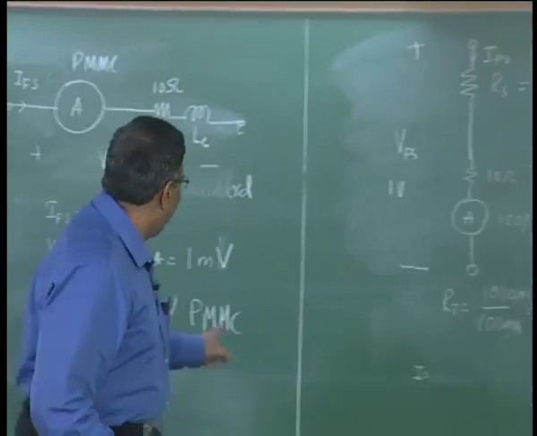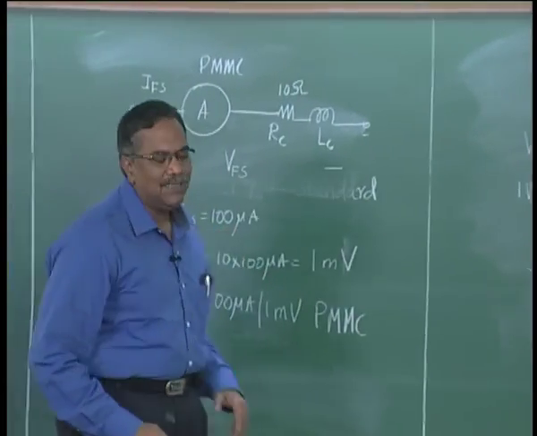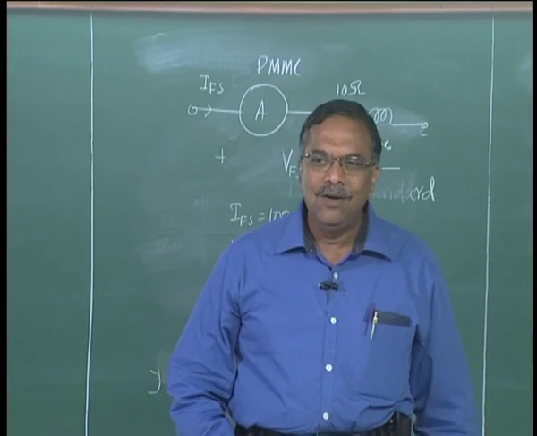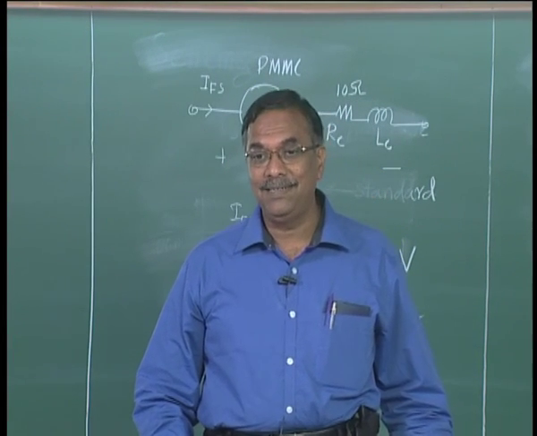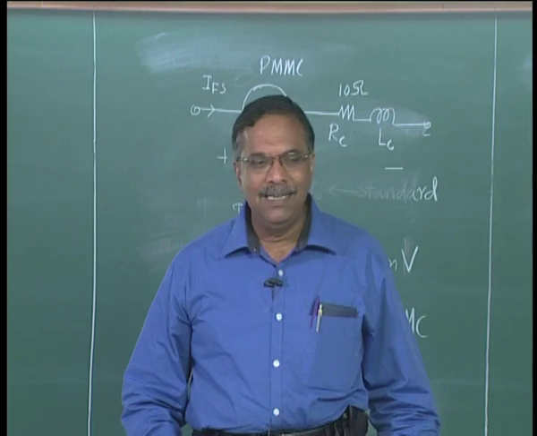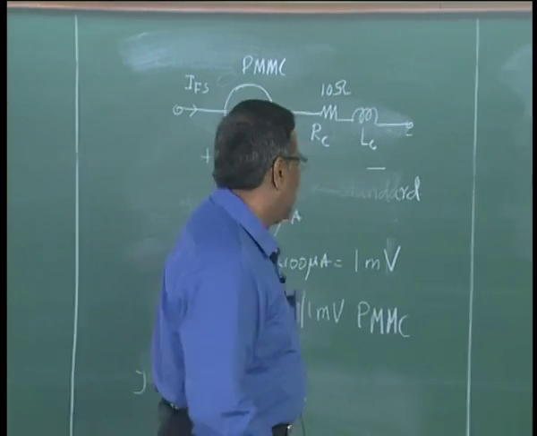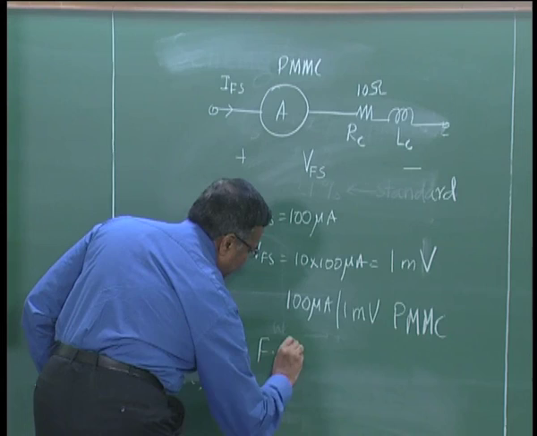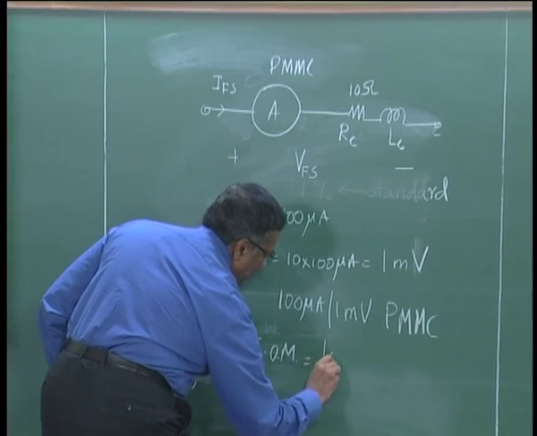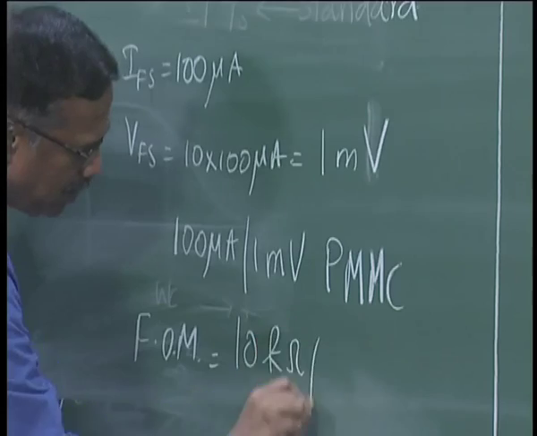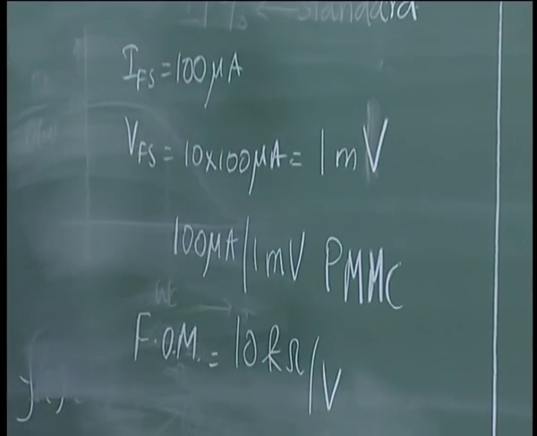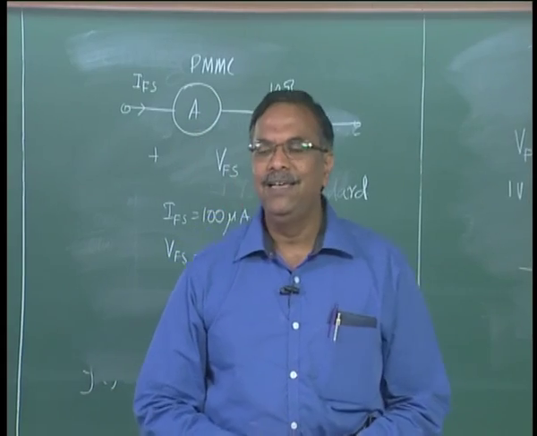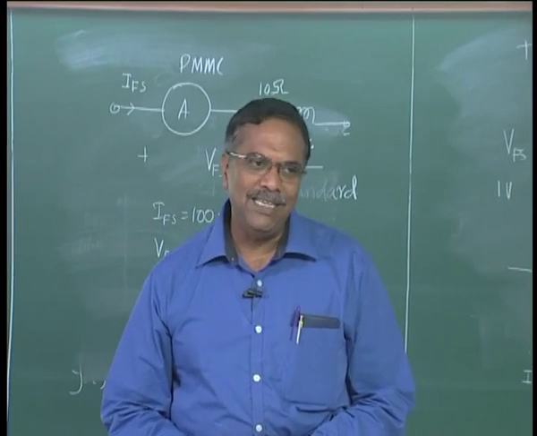For example, what is the figure of merit for 100 microamperes? 1 by 100 microampere, which is 10 kilo ohm per volt. So, the figure of merit for this meter is 10 kilo ohm per volt. So, figure of merit is always given in kilo ohms per volt, even though the unit is ohms, right. We stop here, we will continue in the next class.